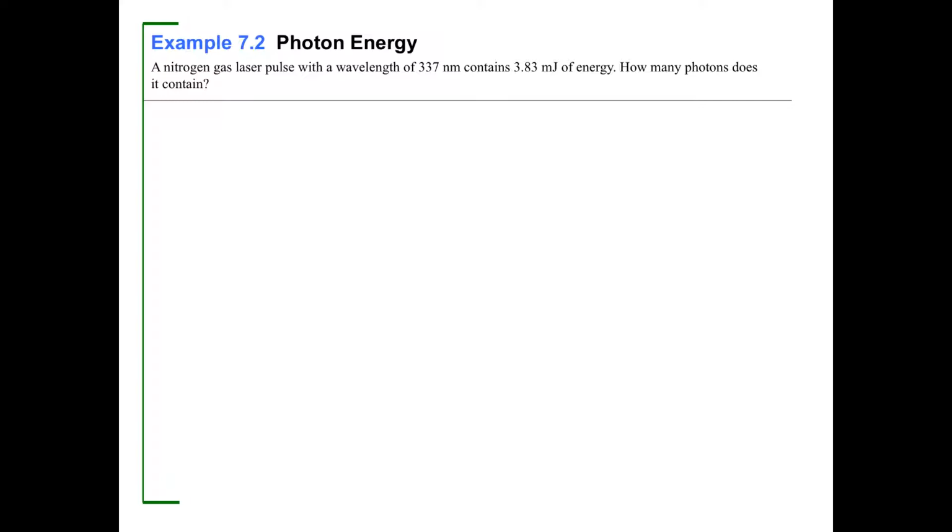All right. So a nitrogen gas laser pulse with a wavelength of such and such. Okay. So let's calculate this real quickly. I'm on page 271. We know that E is equal to h nu, we saw that before, which is also equal to hc over lambda, where I'm taking that nu and replacing it with the one I got on page 266.